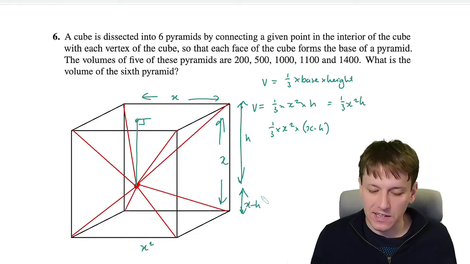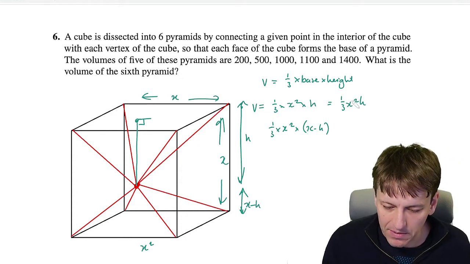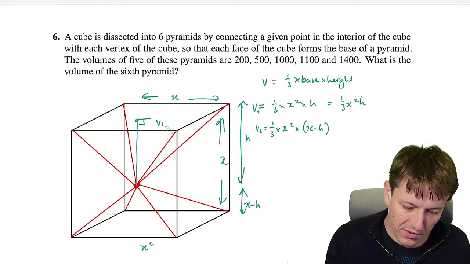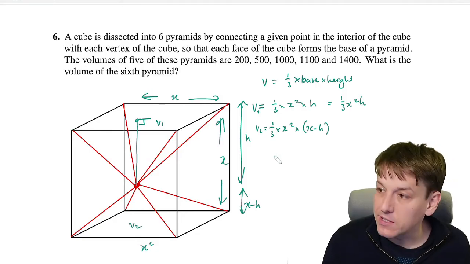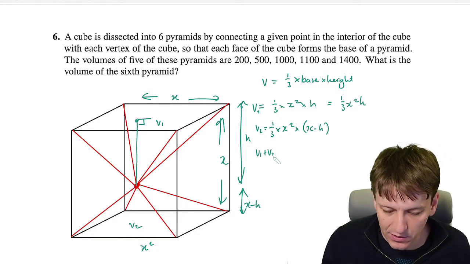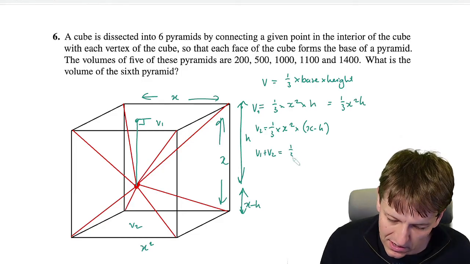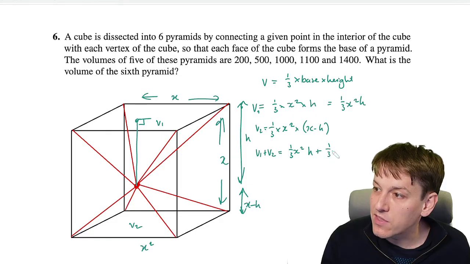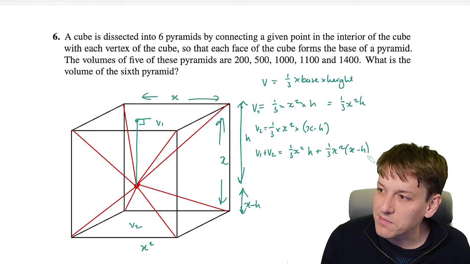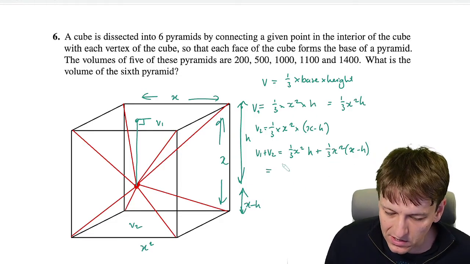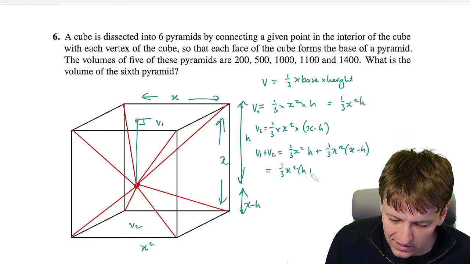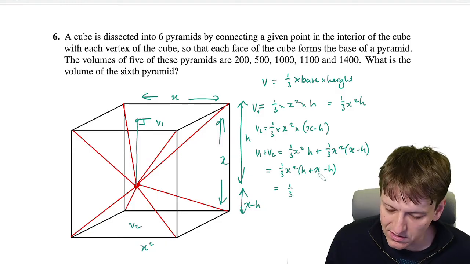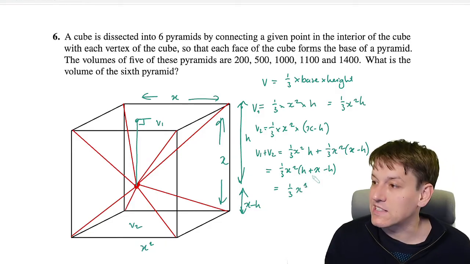What we notice in particular is that when I add these two volumes together, maybe I should call them V1 and V2 for the volume of this pyramid and the volume of this pyramid. When I add those together, V1 plus V2, they've both got a third x squared, so it's a third x squared h plus a third x squared times x minus h. So actually, this is just a third x squared times h plus x minus h, so it's a third of x cubed because the h's cancel out here.